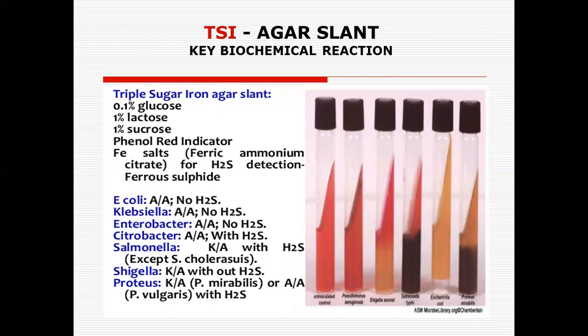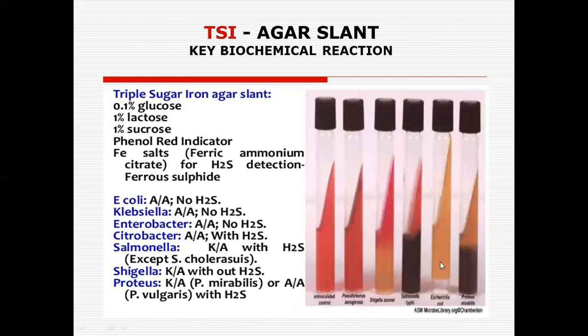Now, for the interpretation of this test: if the lactose or sucrose is fermented, I mean the high concentration sugars at 1% of the medium, a large amount of acid is produced. This turns the phenol red indicator yellow, both in the slant and in the butt, the entire area.